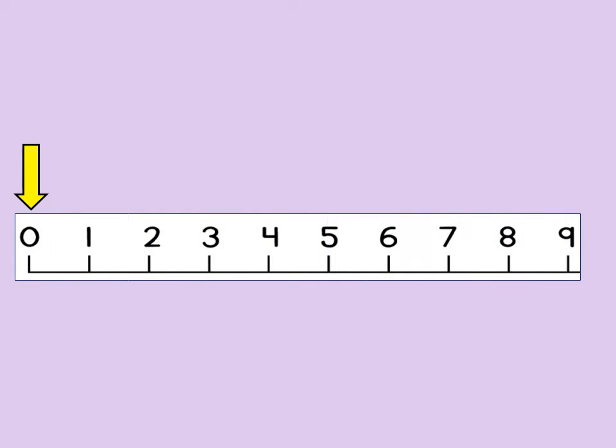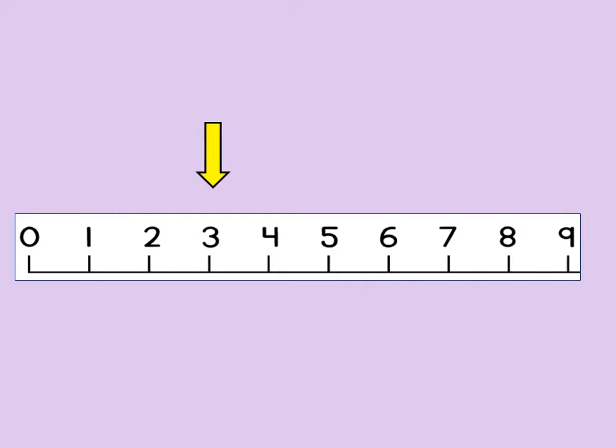Okay, remember we started with a number line yesterday. And to find our even numbers, we skip count on the number line. That's how we know what even numbers are. We started with 0 and we counted.